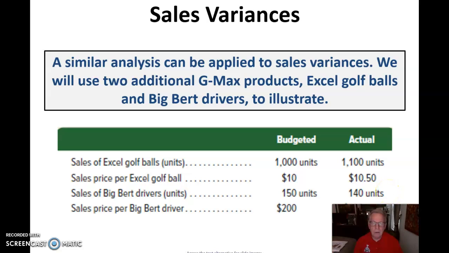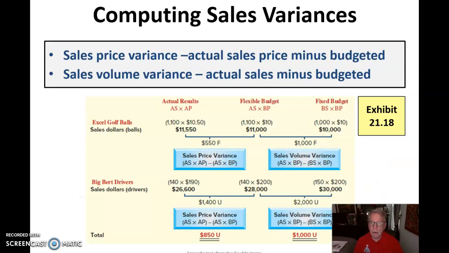All righty. So let's see how that spins out. Sales variance, that is. So here we have two products now, so we're going to look at them together. Here are our golf balls. 1,100 is the actual quantity. 1,050, that was the actual price. 11,550. Our budget was 1,000 at $10, or 10,000. So again, we're going to bring actual sales over and budgeted price over per unit.